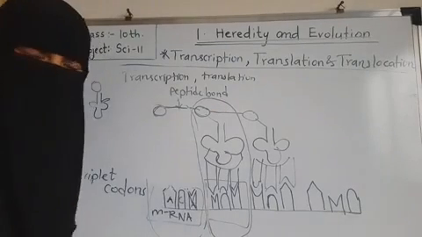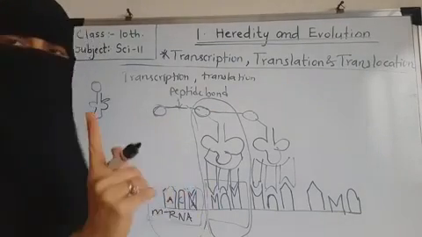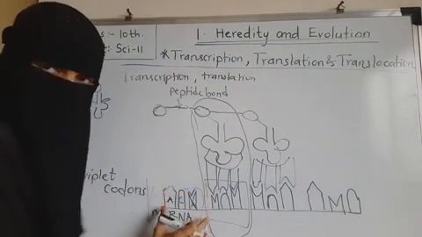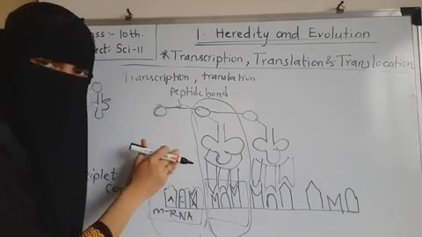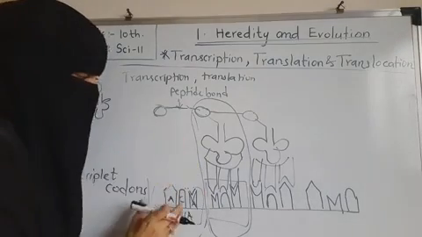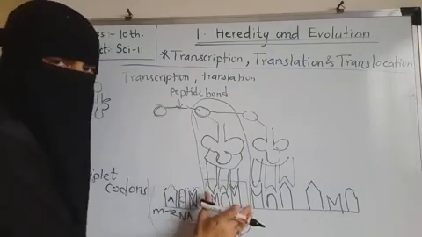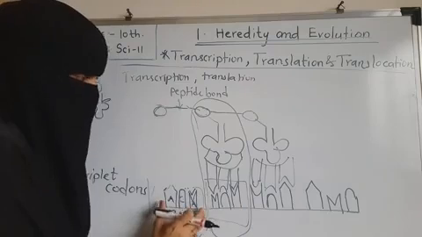One step ahead means a distance of one triplet codon. See, this is one triplet codon. As the work of this transfer RNA is over, the ribosome will shift. It was here, then it shifted here by the distance of one triplet codon.